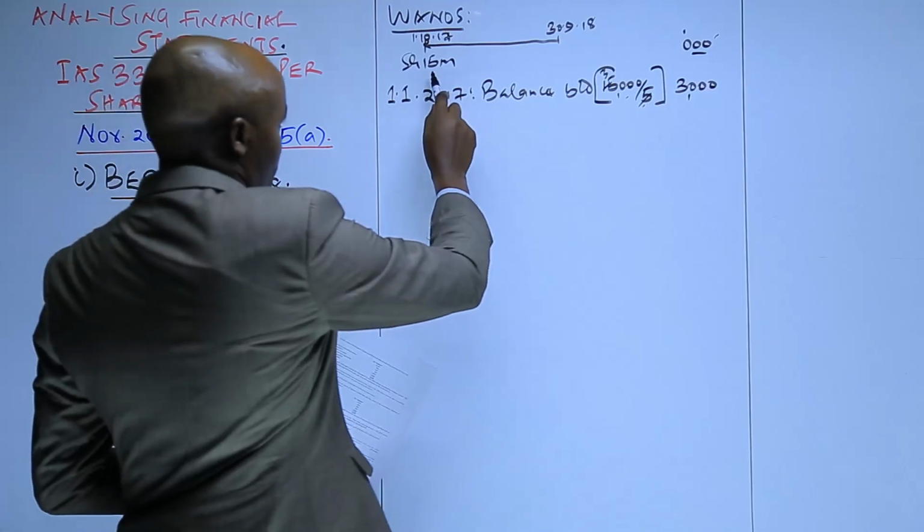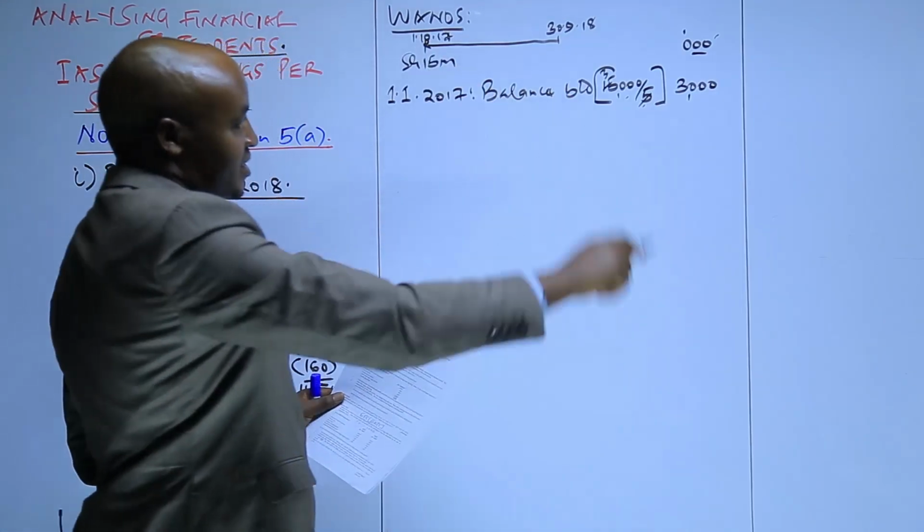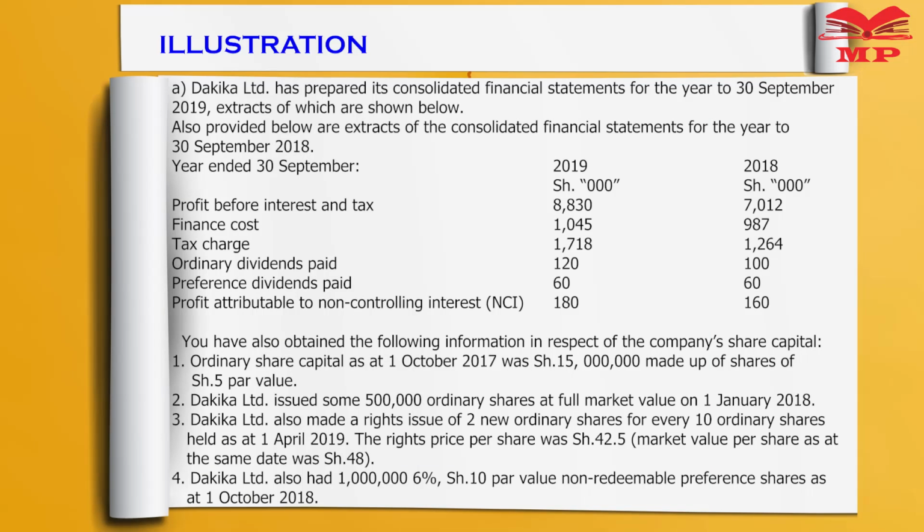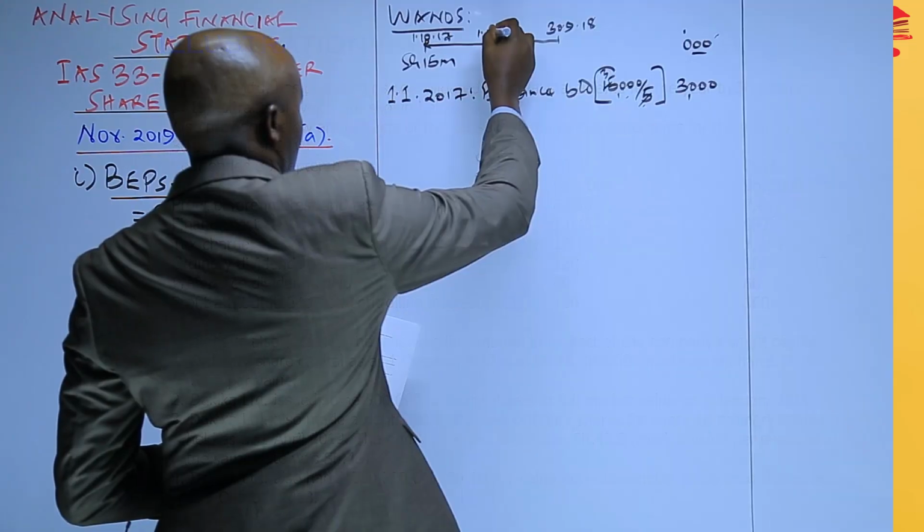Then we check whether during this year there were some shares which were issued. So let's check the information given in note number 2. You're told Dakika Limited issued 500,000 shares at full market price on 1st January 2018.